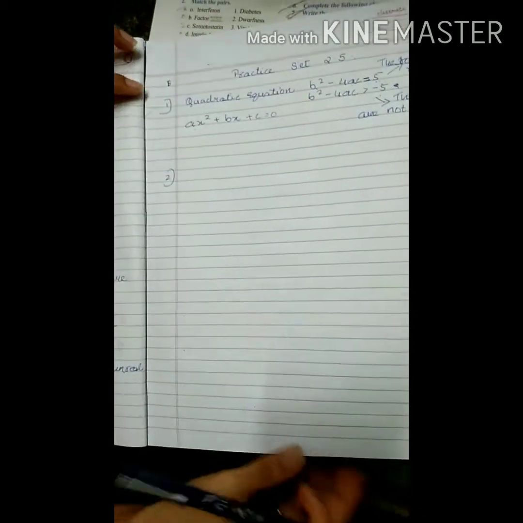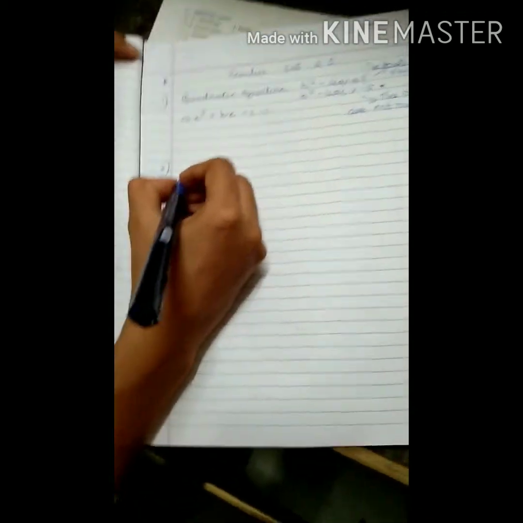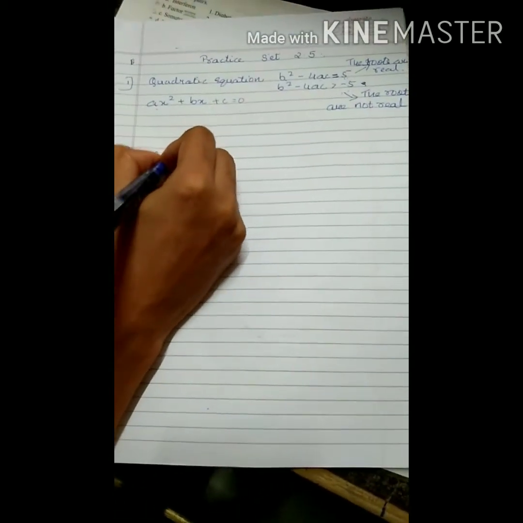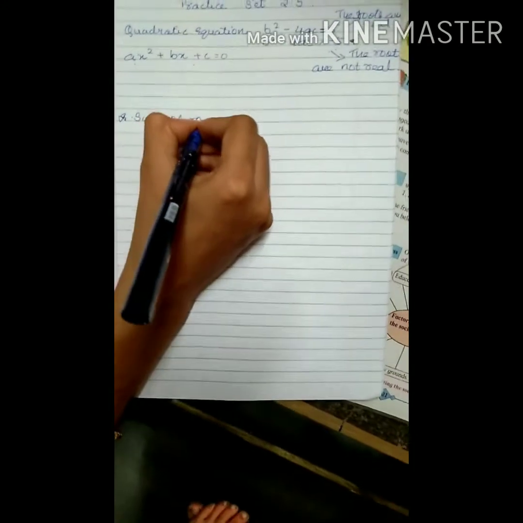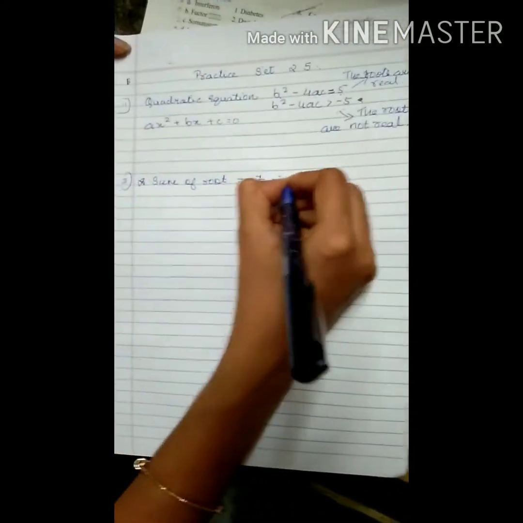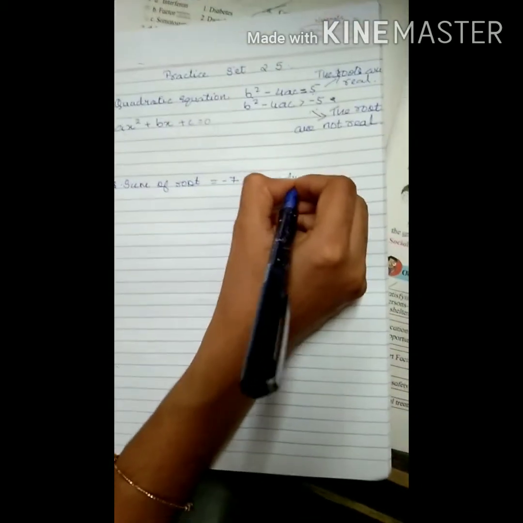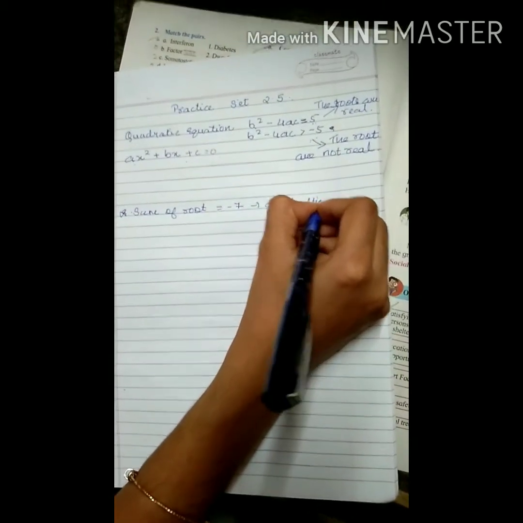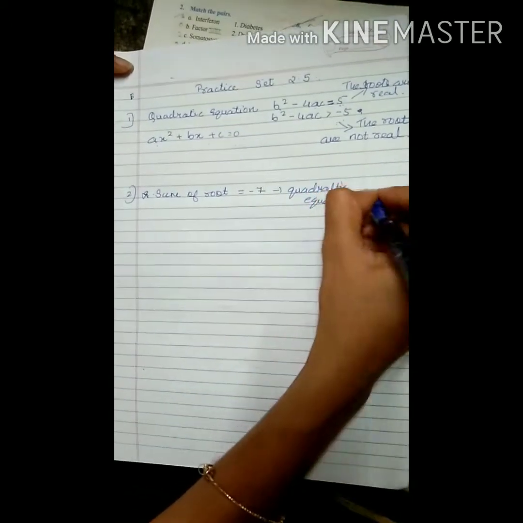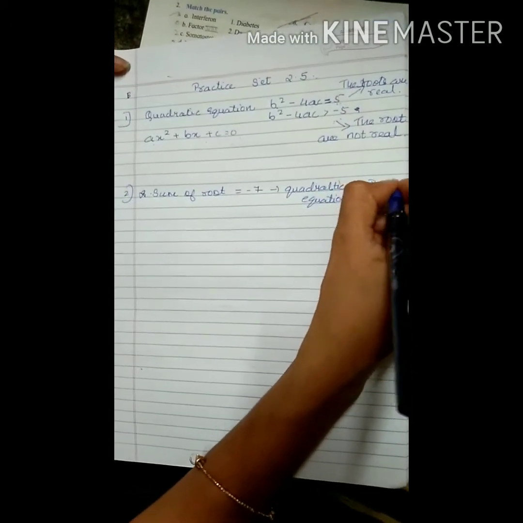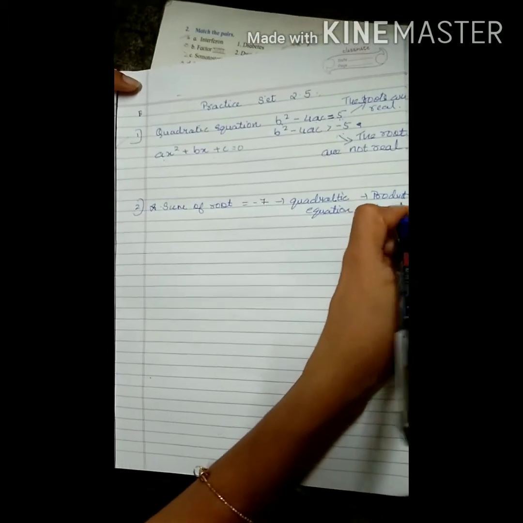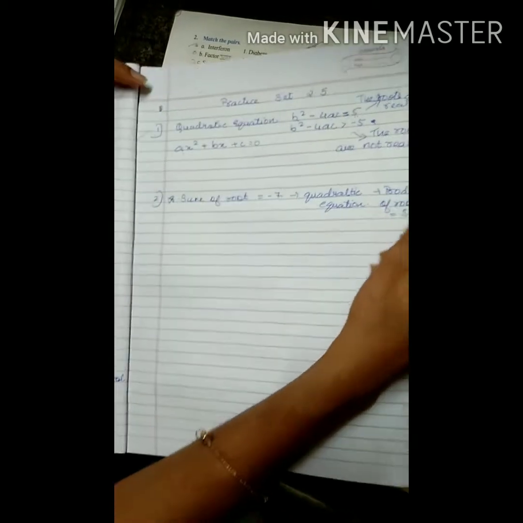Now, second question. The sum of the roots is equal to minus 7 and the product of the roots is equal to 5.